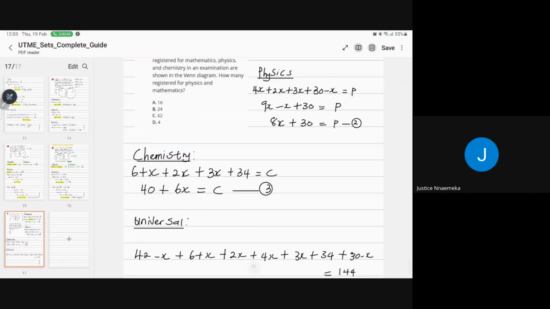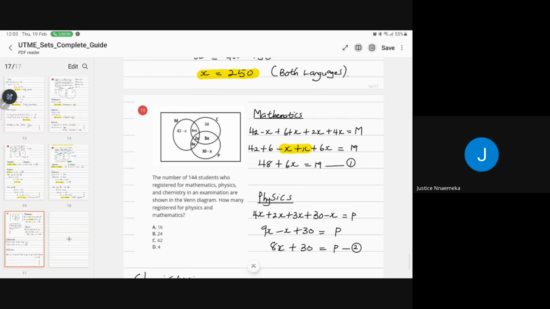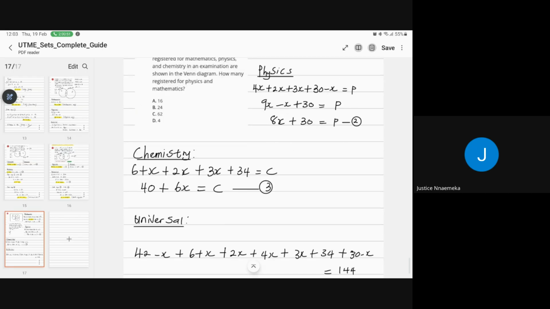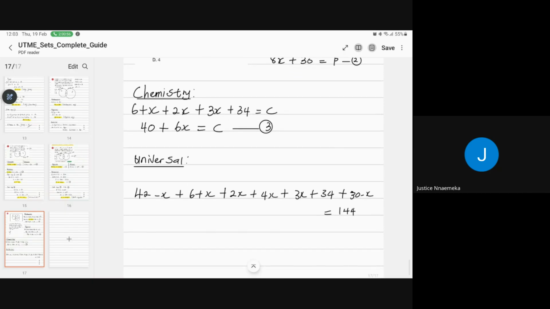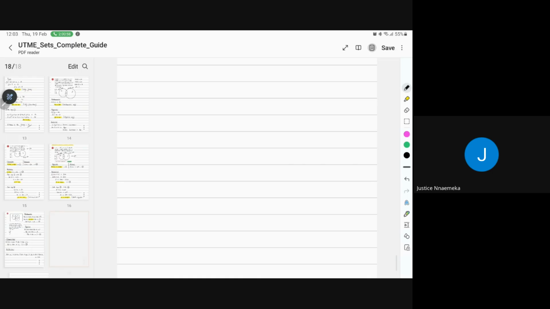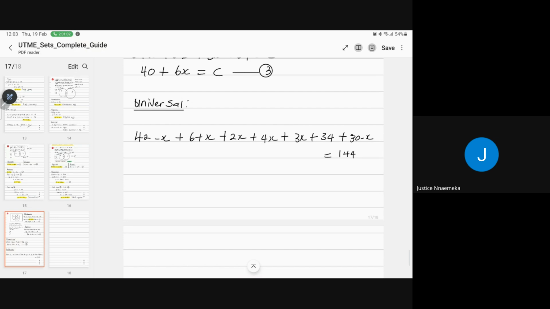Everything is in line now. We accommodated everything. That chemistry is just blocking the place we should have actually used.